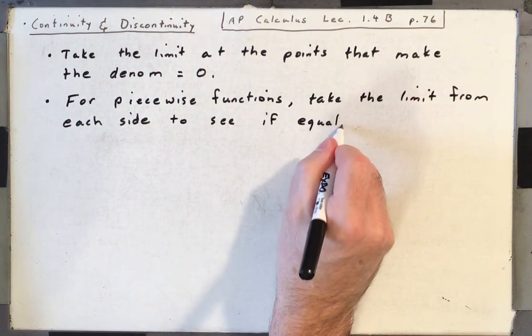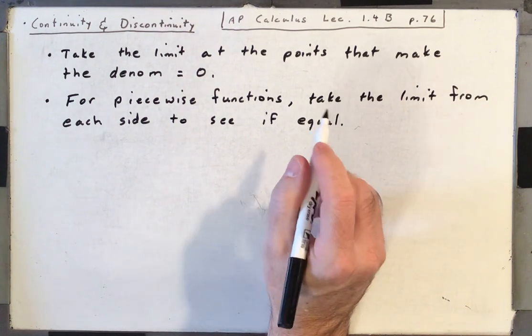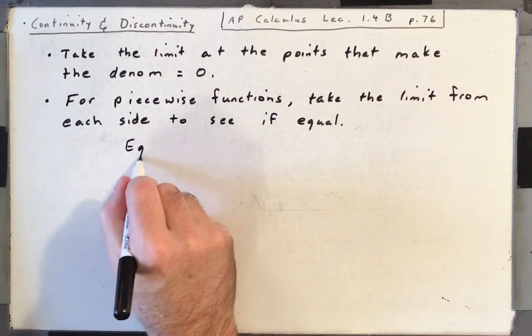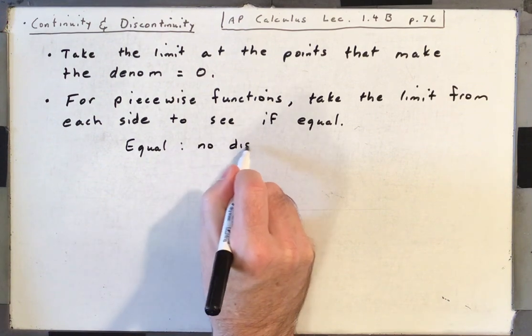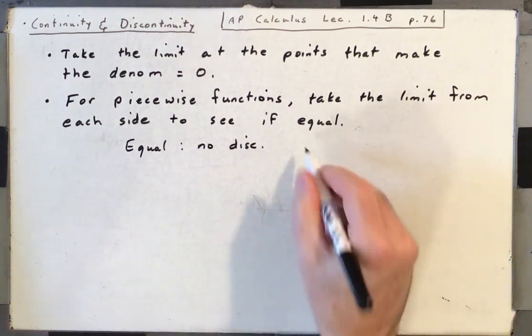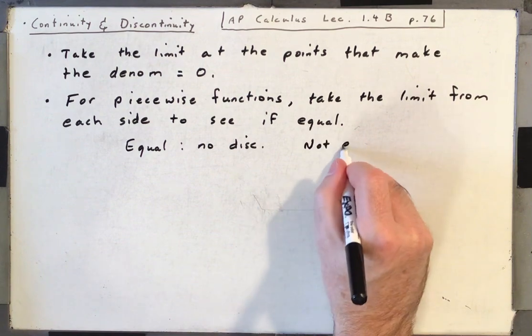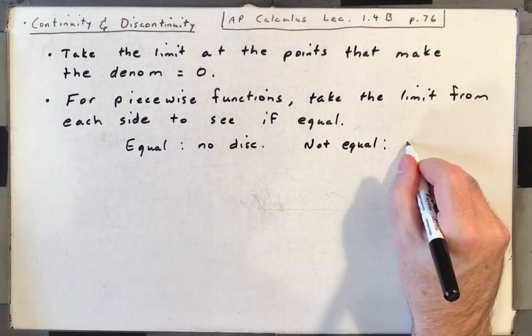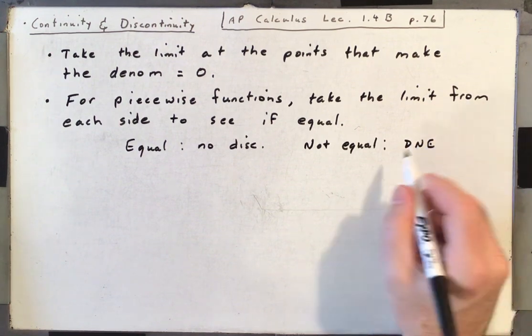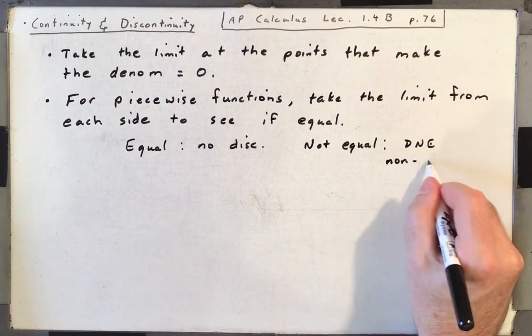If they are equal, there's no discontinuity. If they're not equal, then the limit does not exist, so that would be non-removable, right?